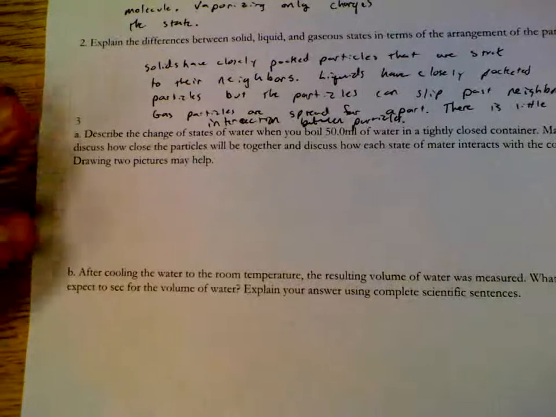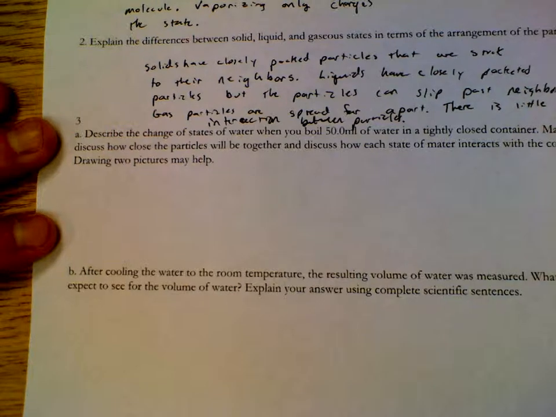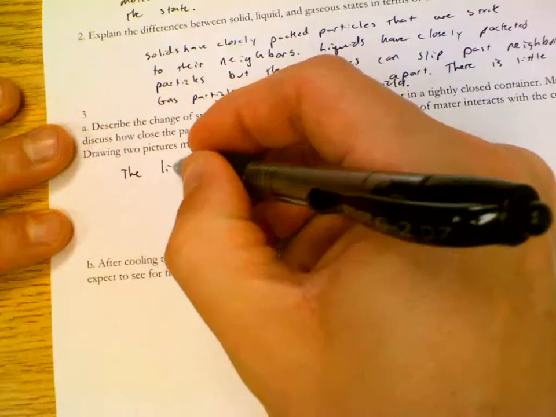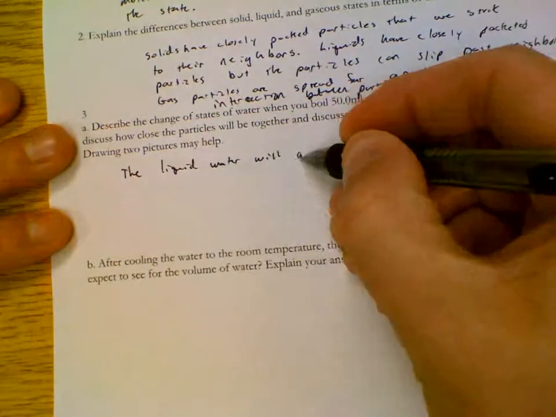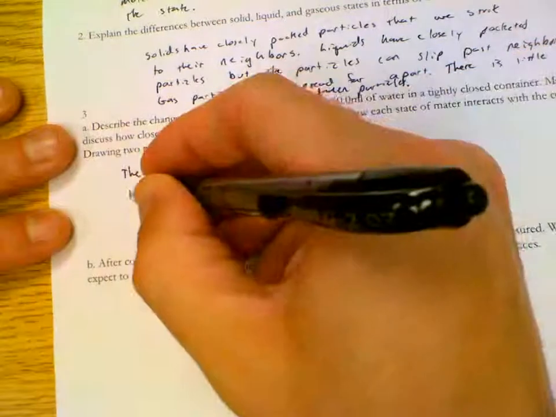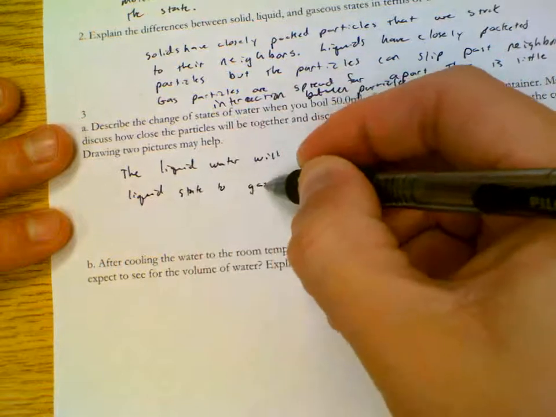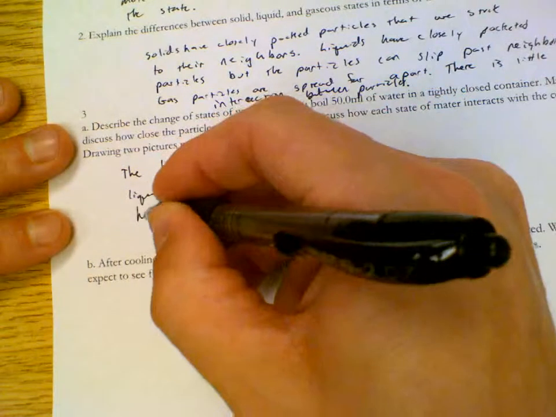Question 3a. Describe the change of states of water when you boil 15 mL of water in a tightly closed container. Make sure to discuss how close the particles will be together and discuss how each state of matter interacts with the container. The liquid water will go from liquid state to gas state while being heated.